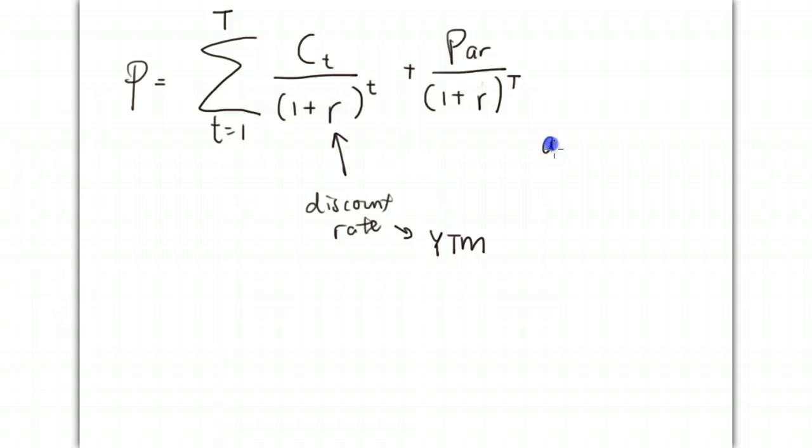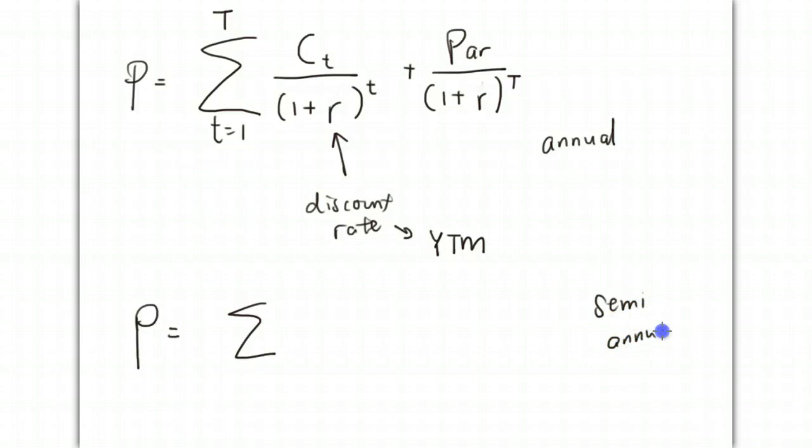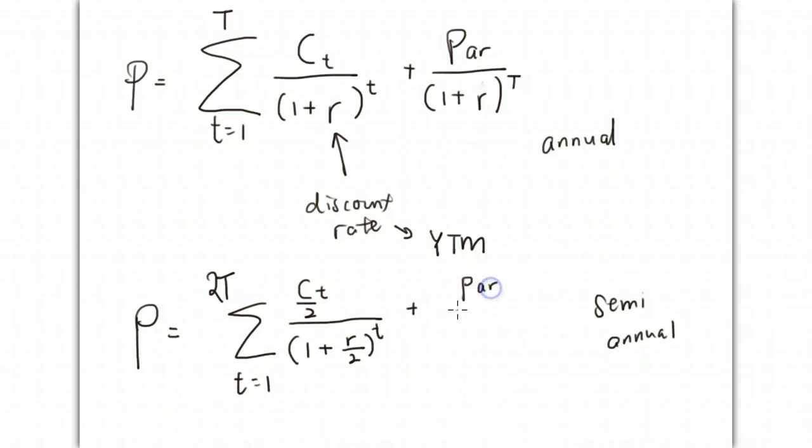Now this is for an annual paying coupon bond, but if it's semi-annual, we have to make some changes. The number of periods would be multiplied by 2, so it would run from the first period to 2t periods, and we expect to receive only half of the annual coupon. The discount rate would also be halved, so it would be 1 plus R over 2, raised to 2t, and the par value would remain the same.